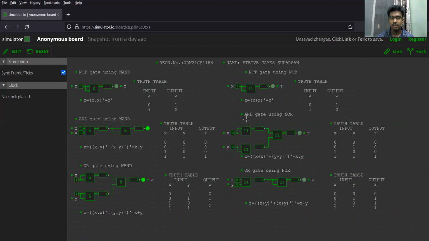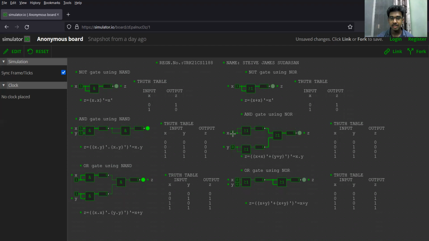Next, the AND gate using NOR gates follows the same process as the OR gate using NAND gates. It is also a bubbled NOR gate, which consists of three NOR gates: two NOR gates take the x and y inputs, and they are attached to another NOR gate. The formula is x plus x, the complement, plus y plus y, the complement, to the whole complement, equal to x dot y, which is the formula of an AND gate.